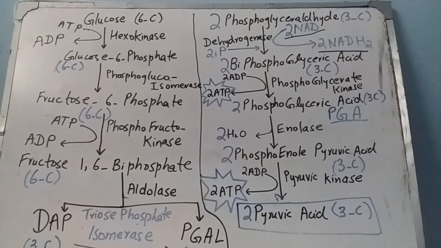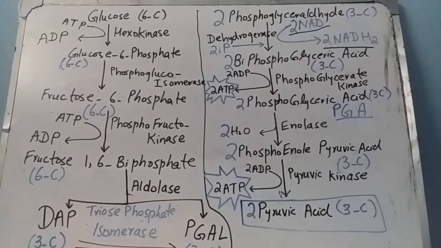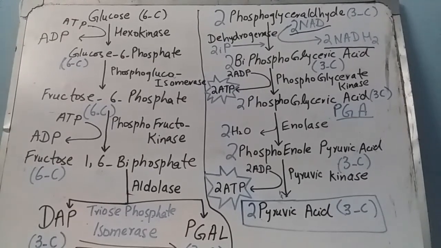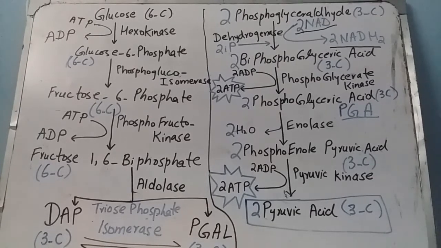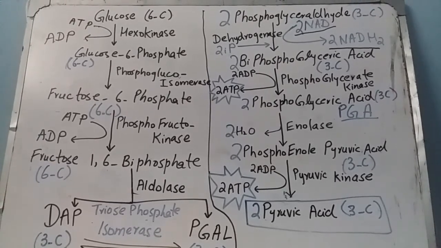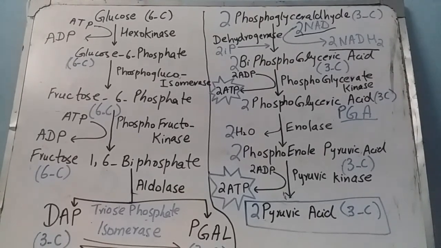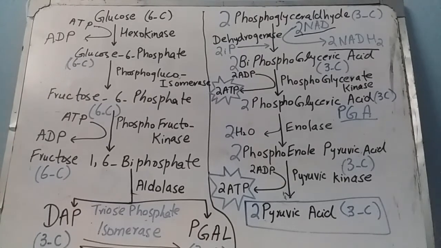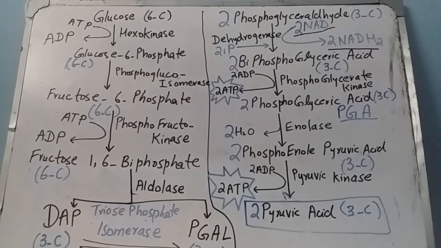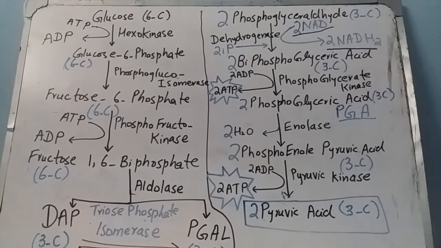So now you can see this is a complete diagram of glycolysis, and it's a stepwise process. You can see there are about 8-9 steps. Enzymatic means almost every step needs an enzyme, and a glucose, a 6-carbon compound, is converted into 2 molecules of pyruvic acid.